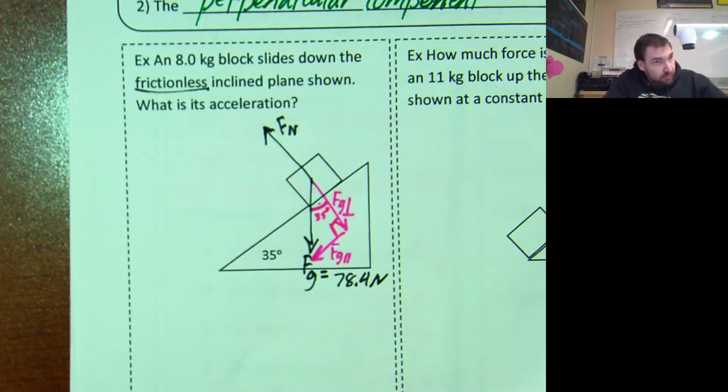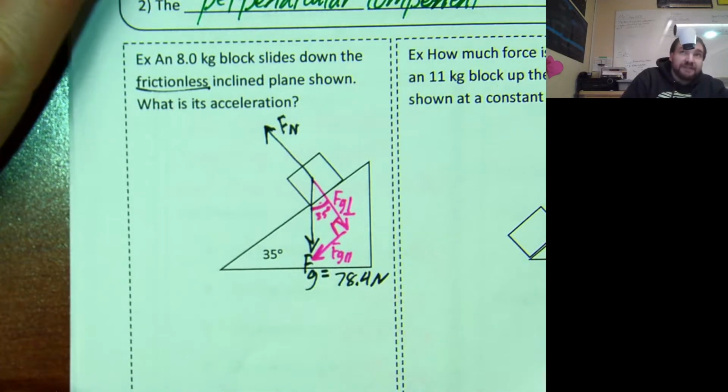So, what values do I have to find here? I want to find acceleration. So to find acceleration, I need what? I need FG parallel. Why? Because that's the only piece of a force acting in the direction of movement. Good. So here we go. Let's write this up.